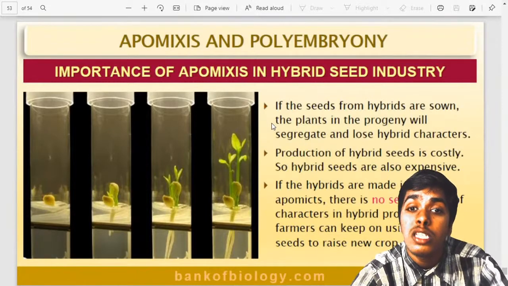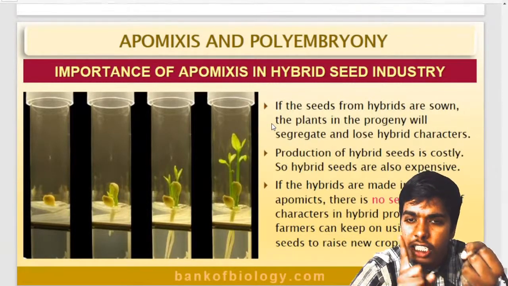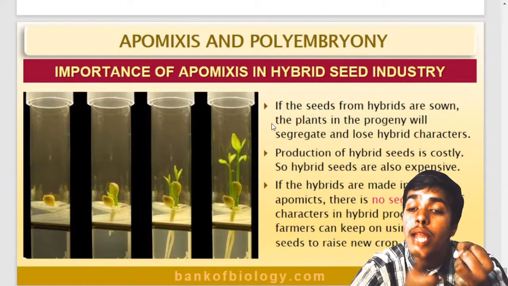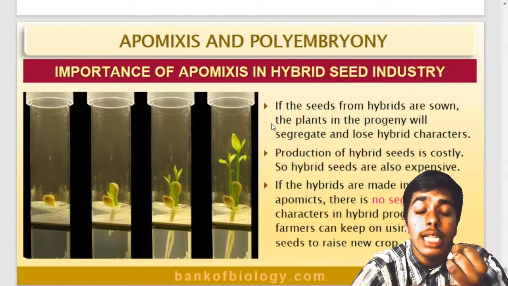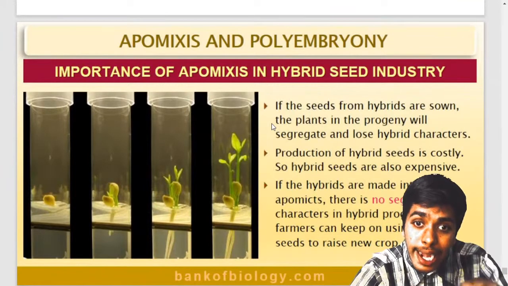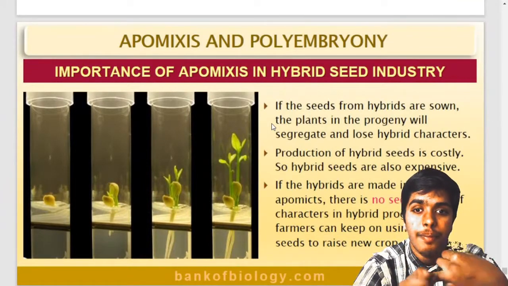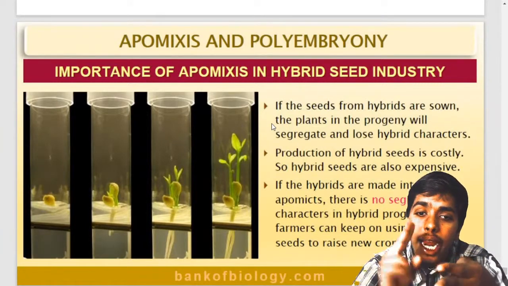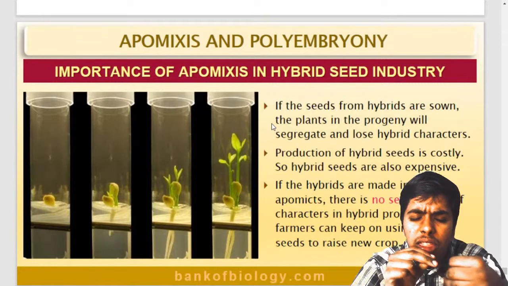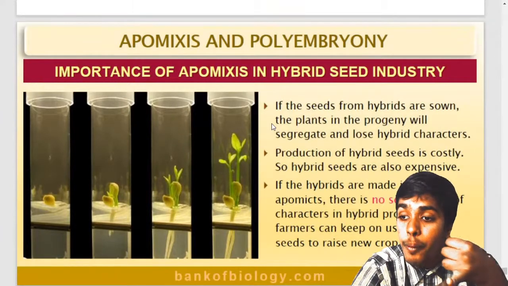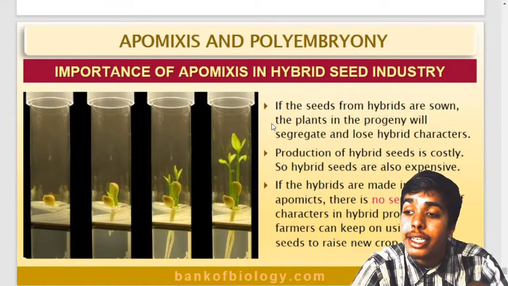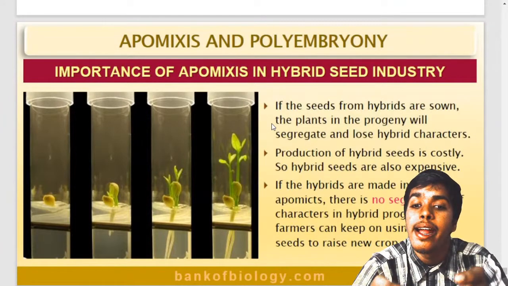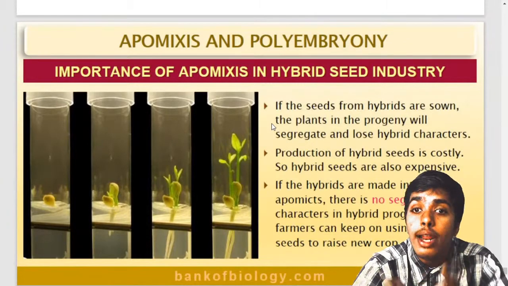So first, when hybrid seeds are sown, the progeny will segregate and lose characters, which is costly and expensive. Now, if they are made into apomicts, there is no segregation. So the farmer can easily keep on using hybrids to raise a new crop.